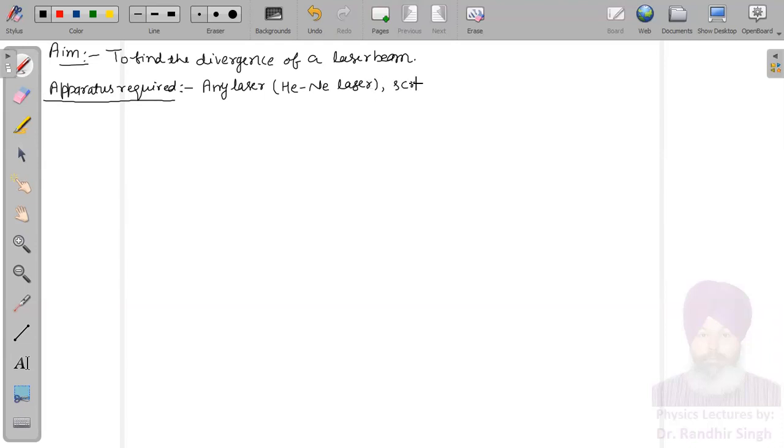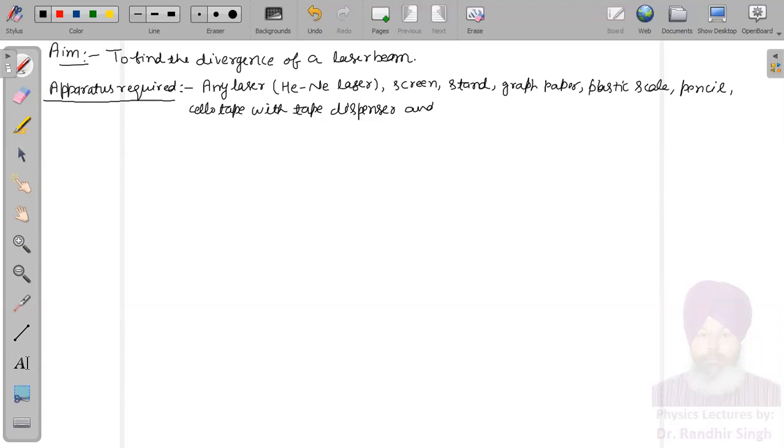Then we need a screen, a stand, graph paper, a plastic scale, a pencil, sellotape with a dispenser, and a tape rule.